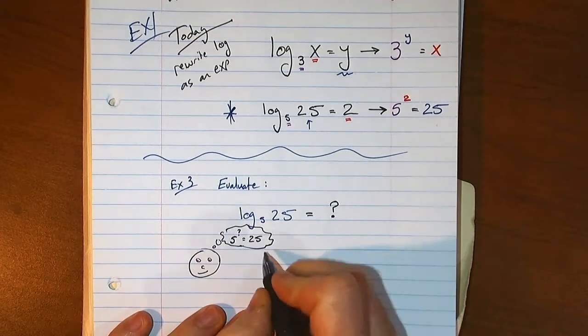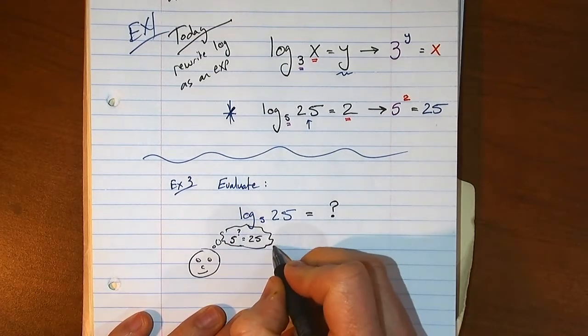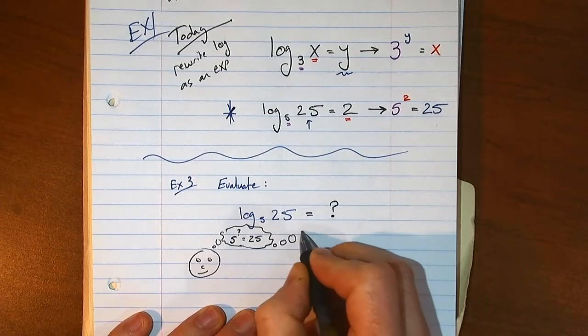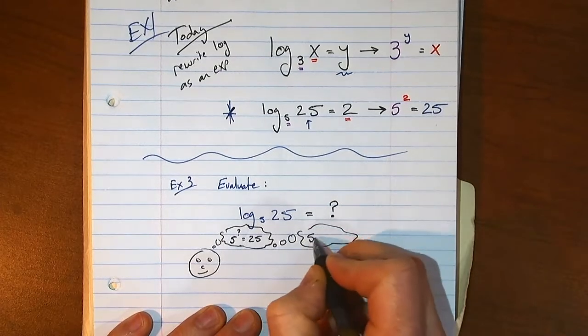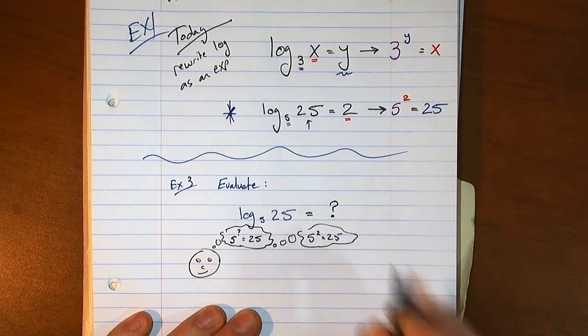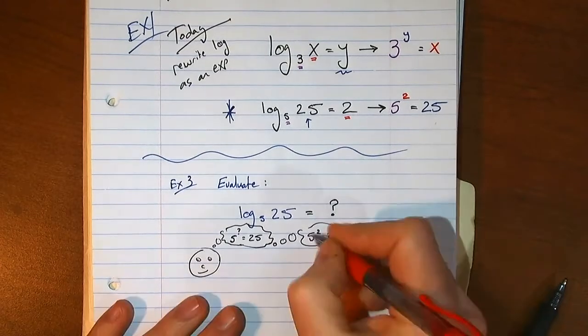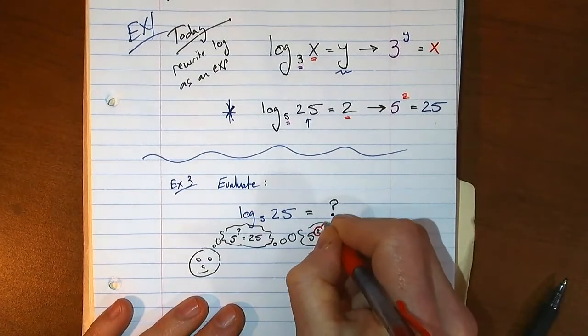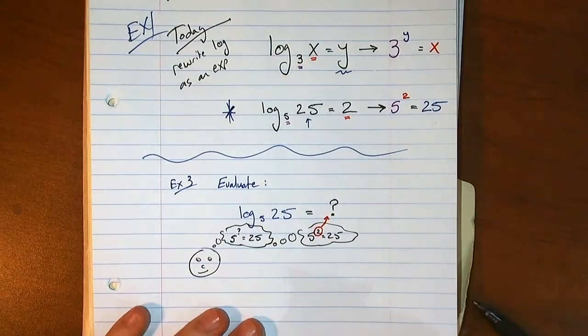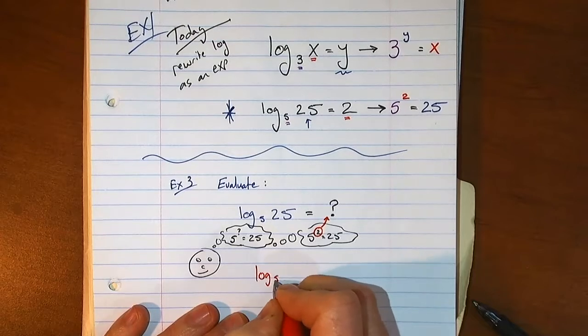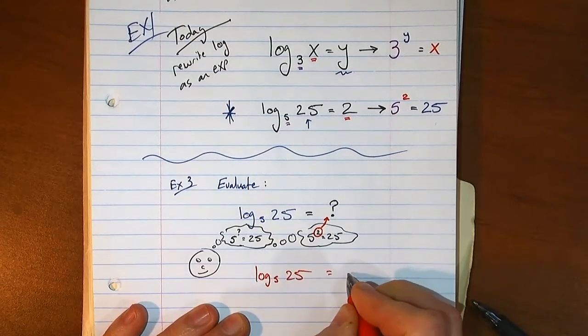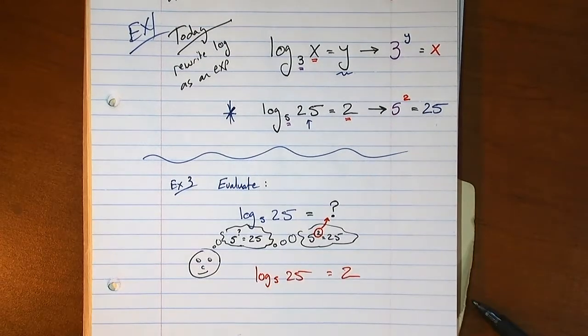So therefore, if I just keep thinking a little bit longer, I'm going to know that it's 5 squared that's equal to 25. And so this is my answer. The log base 5 of 25 is equal to 2. That becomes my answer.